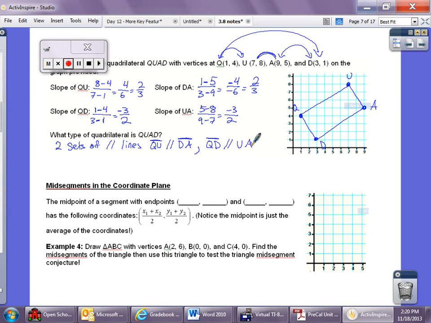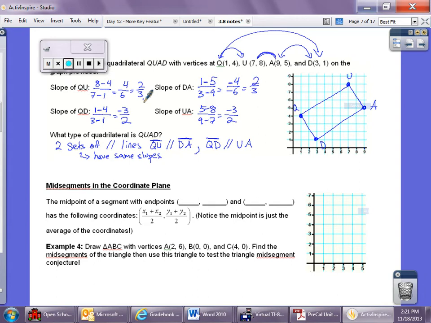They have the same slopes. So two sets of parallel lines, and then what else we notice is that these are opposite reciprocals. So you multiply them together to give you negative 1. Opposite reciprocals. So you flip this first fraction, it's 3 over 2, and you make it negative.